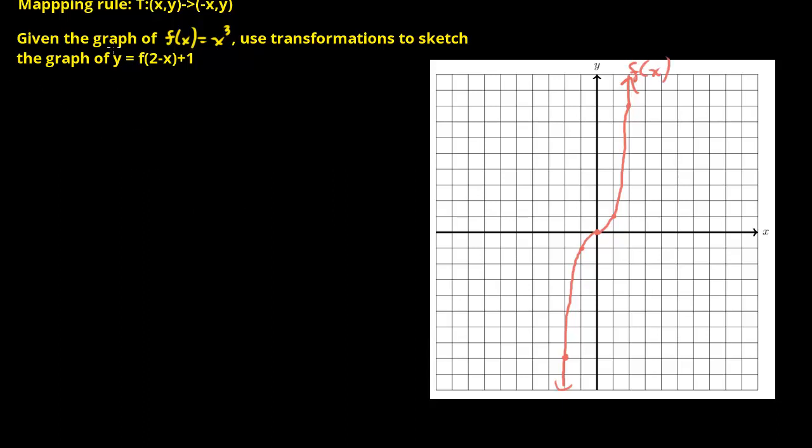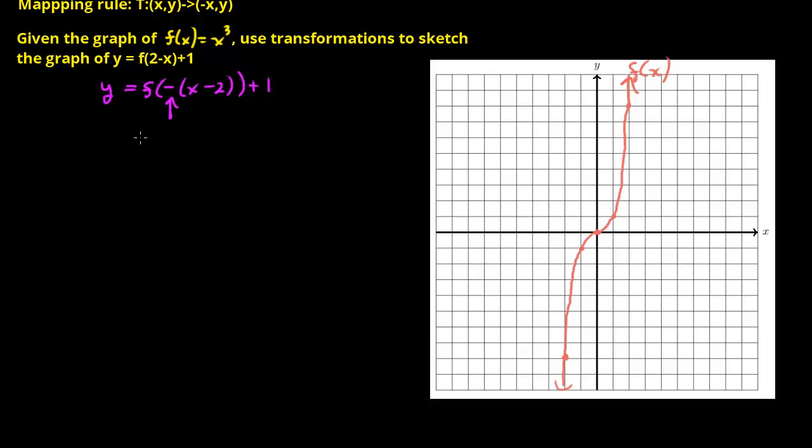Now let's look at the graph of f of 2 minus x plus 1. Let's first figure out what transformations have been applied to this function. So let's rewrite this as y equals f of minus, bracket, x minus 2, plus 1. Now we can see that there is a horizontal reflection, or let's say a reflection about the y-axis.